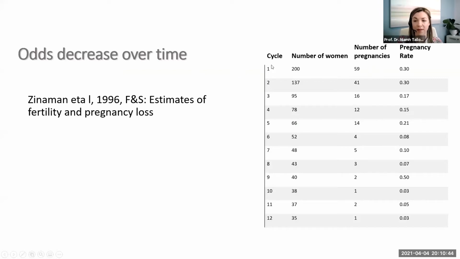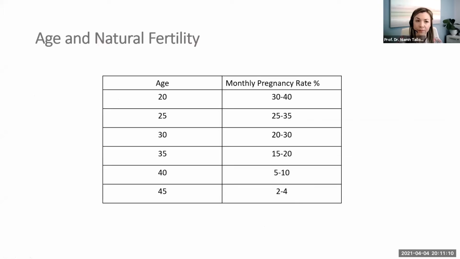And usually within the first few months, we'll see the greatest odds of success for those who are super fertile. They fall out of the group, and by the end of a year, you will see those who are remaining as having inherently lower odds of pregnancy per month. And we quote less than 5% odds of pregnancy at a year. And really the crude numbers could be as low as 2% per month.